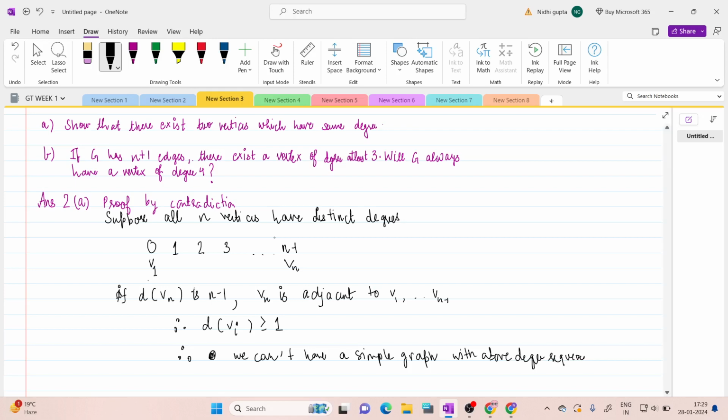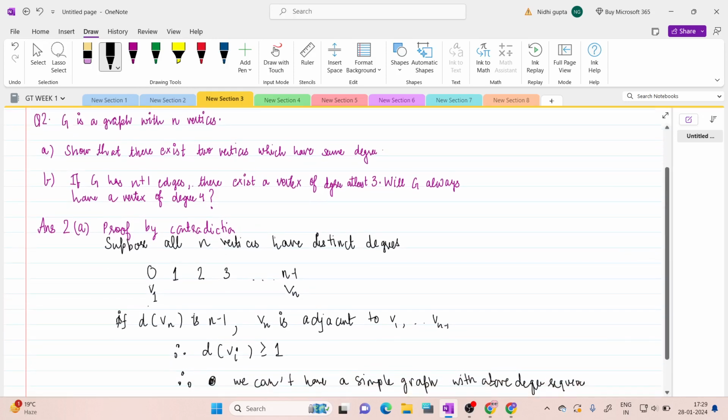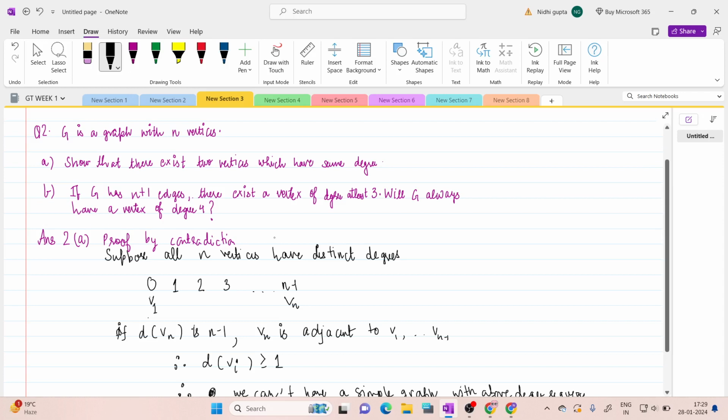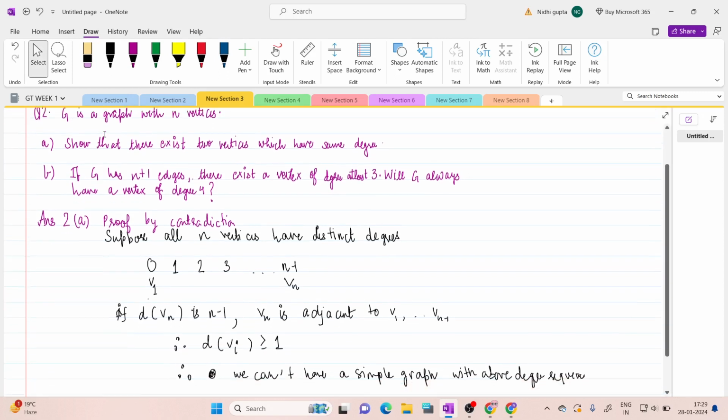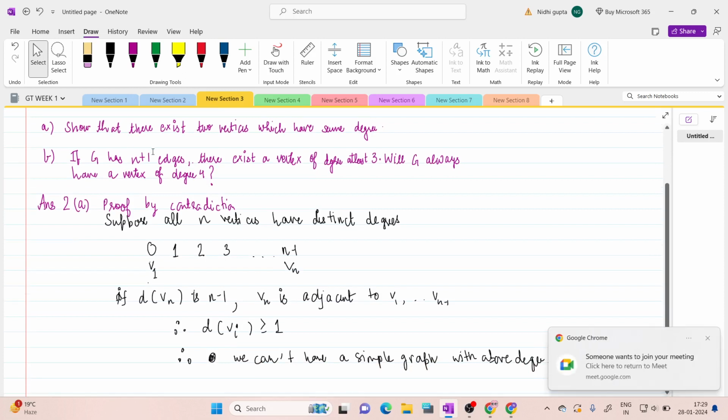So we should not take 0, we should start from 1? No. We are just given that G is a graph. We haven't been given that G is a connected graph. So our question was, given any graph G, whether it is connected or disconnected doesn't matter, there should be at least two vertices which have the same degree.